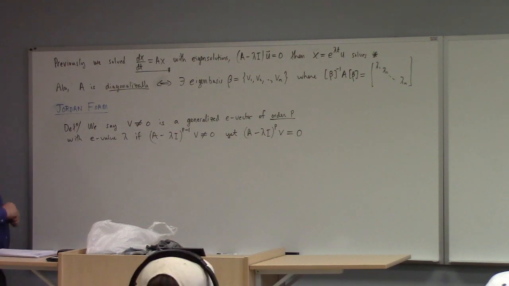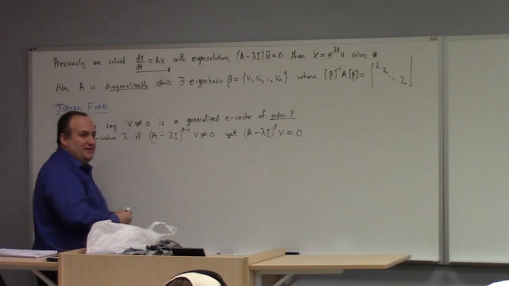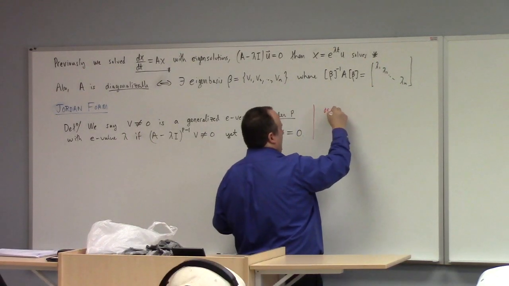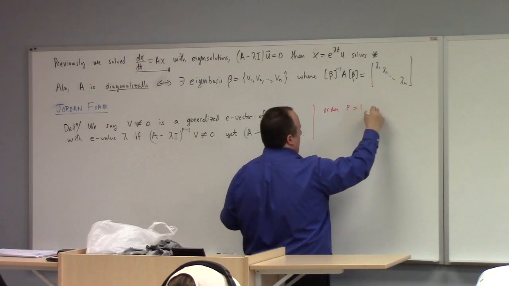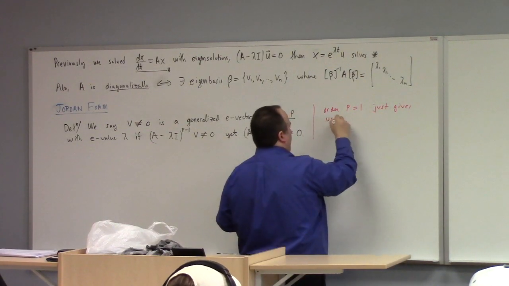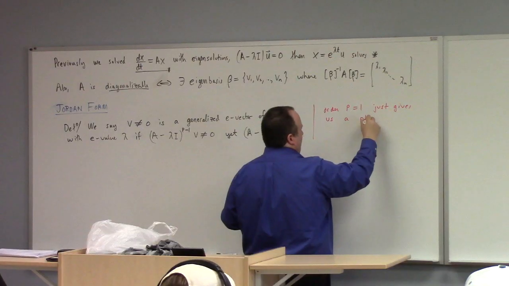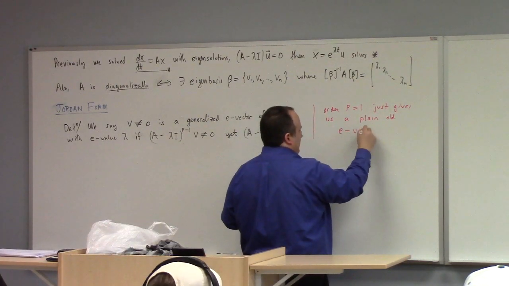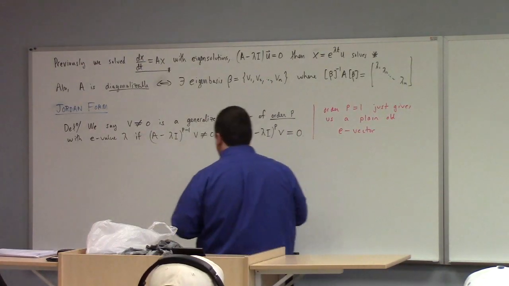So, kind of silly comment, what does this make order 1? It gives us back a plain old eigenvector, right? Just a garden variety eigenvector, right?